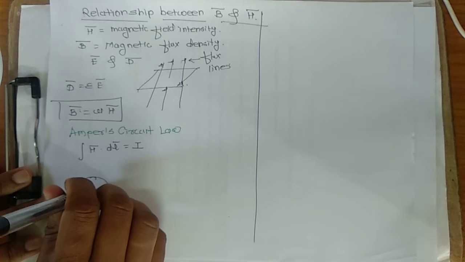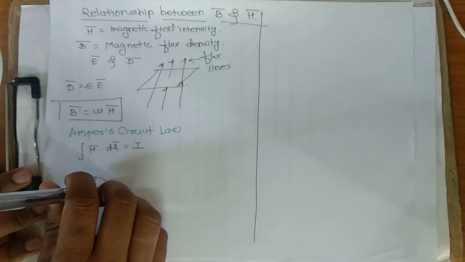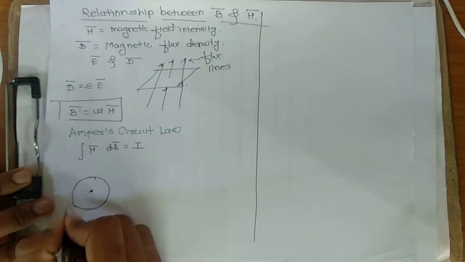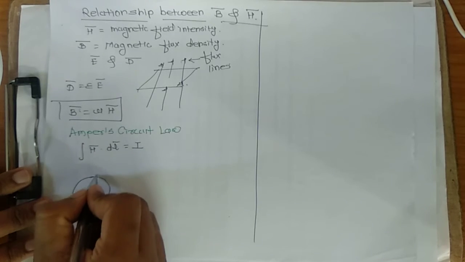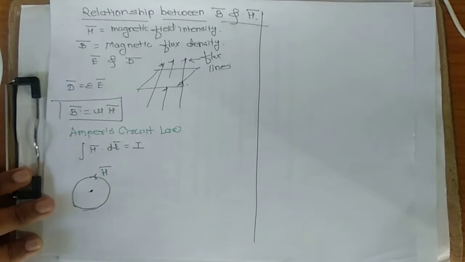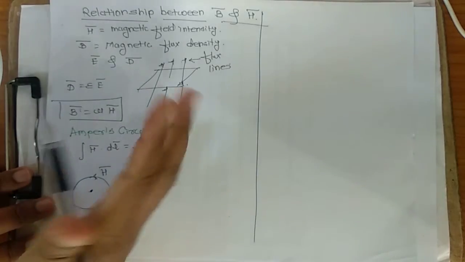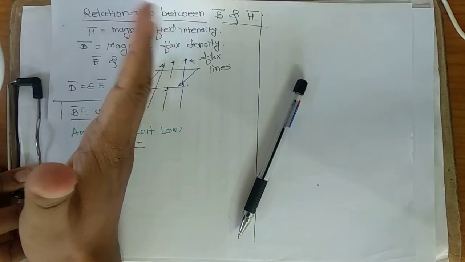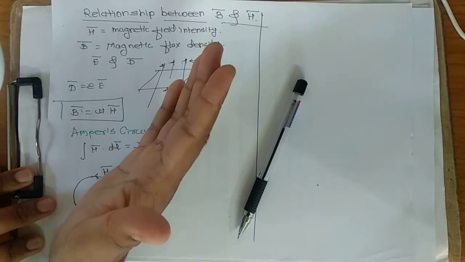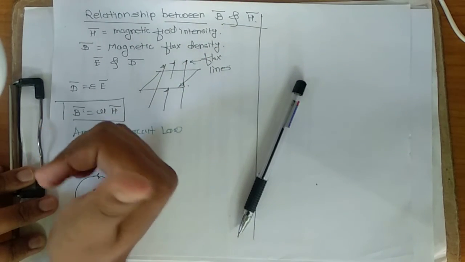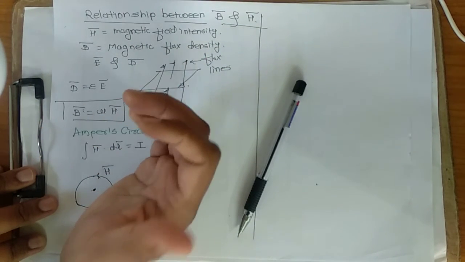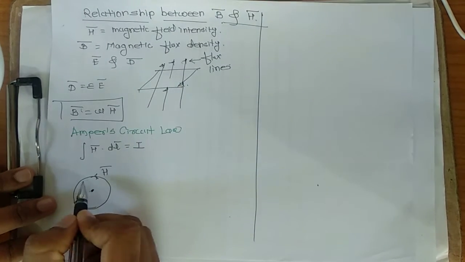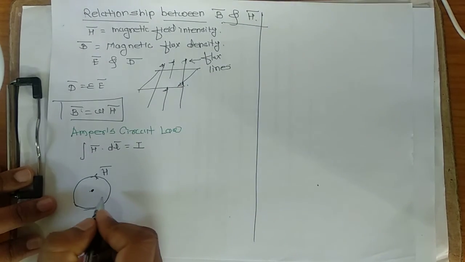The current flows through this wire, which is perpendicular to the paper, and the magnetic field is generated through this ring. The direction of H bar is found by the right hand rule: when the thumb is in the direction of the current, the fingers show the magnetic field intensity. So the magnetic field intensity is given by this arrow, which is anti-clockwise.